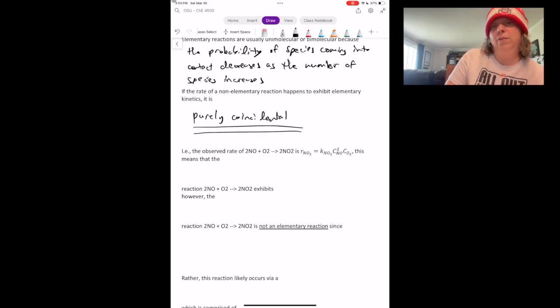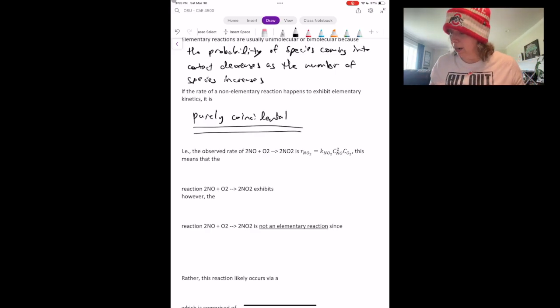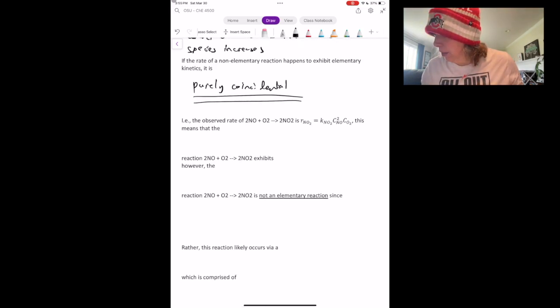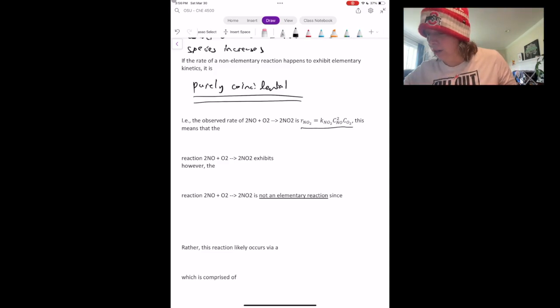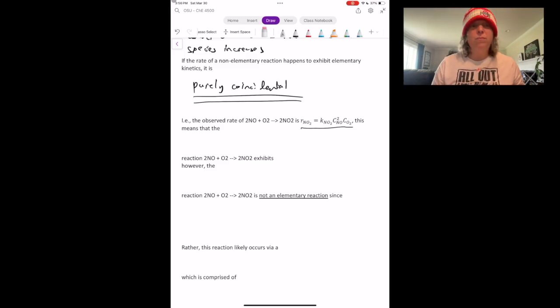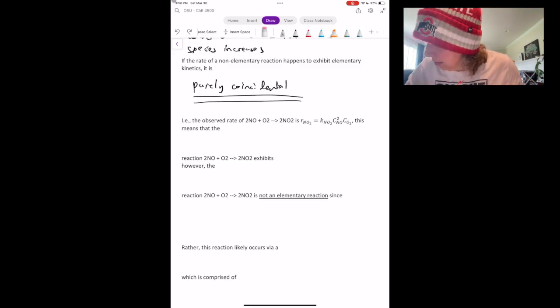So if we go back to this nitric oxide oxidation reaction, we said that the rate of generation of NO2 is going to be equal to a rate constant times the concentration of NO squared times the concentration of molecular oxygen. This means that under whatever conditions this rate law is true, this reaction is exhibiting elementary kinetics.